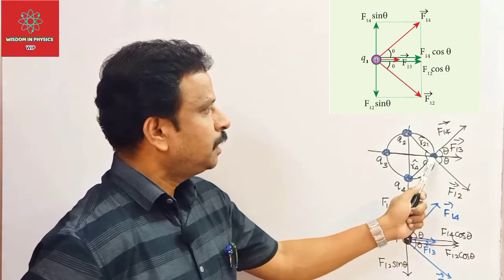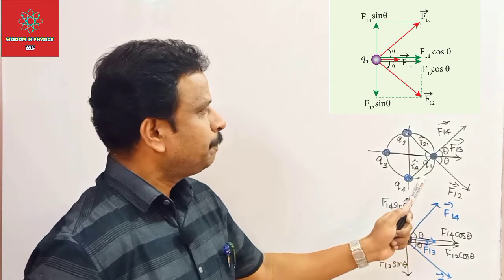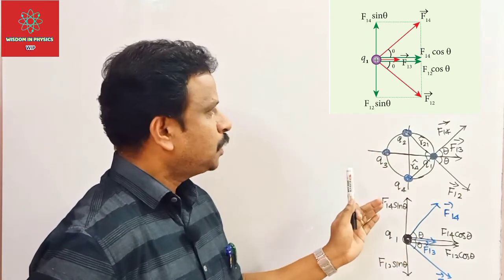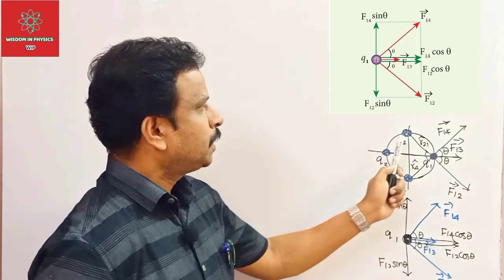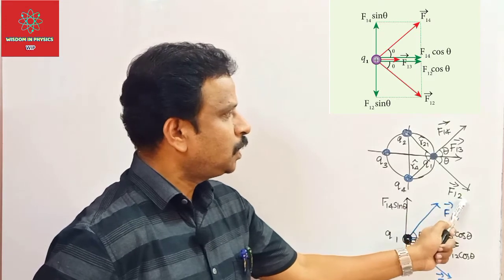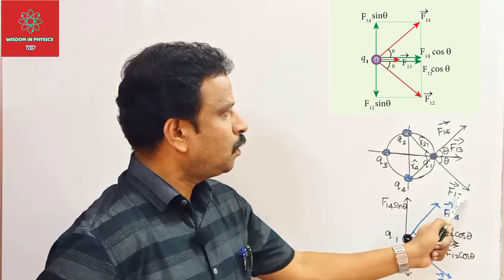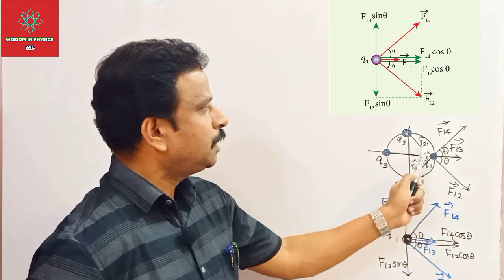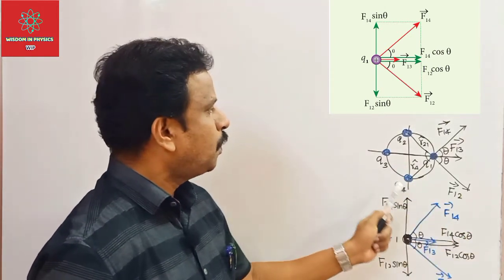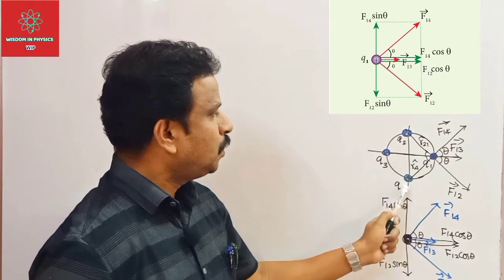In the second diagram, we have the Q1 charge here and we have the remaining charges on the left side. So let us first calculate the force by Q2 on Q1, that is represented by the F12 vector. It is the force on Q1 by Q2, its unit vector is R21 cap. This is acting along this way. And what is the force on Q1 by the Q4 charge?